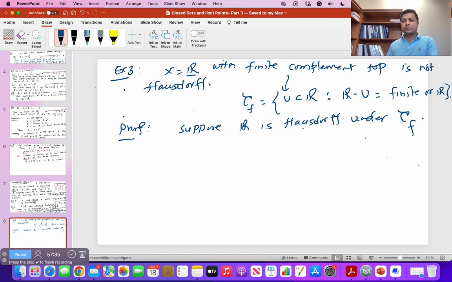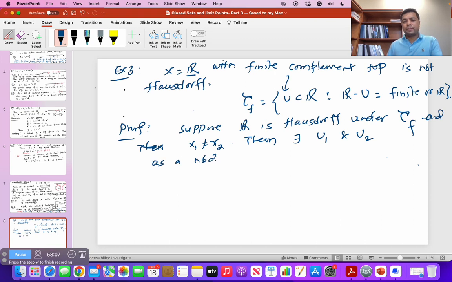If R is Hausdorff, then for any two different real numbers x1 and x2, there exist neighborhoods u1 and u2 of x1 and x2 respectively such that u1 intersection u2 is empty.